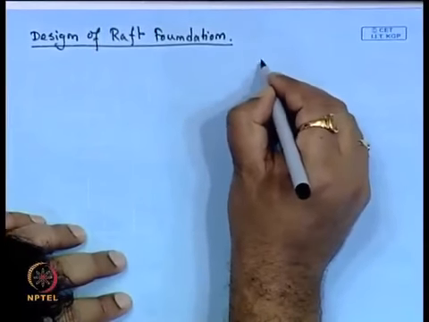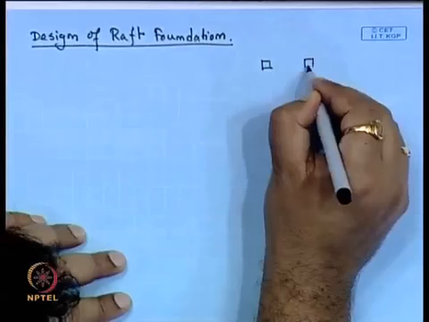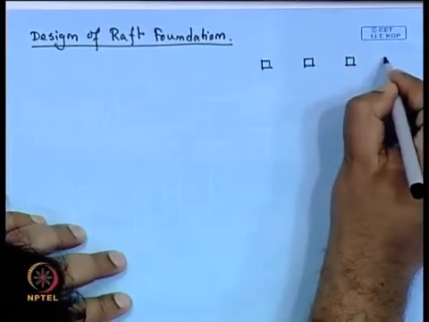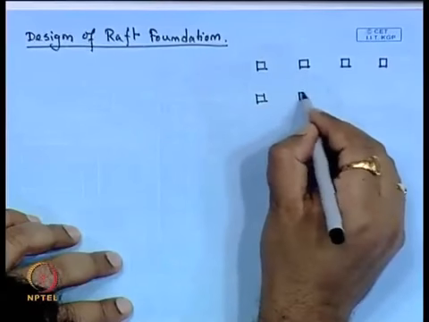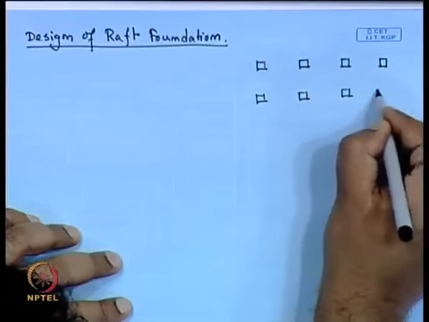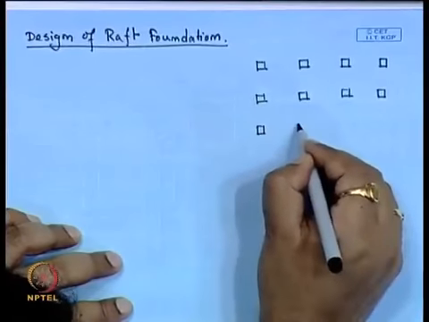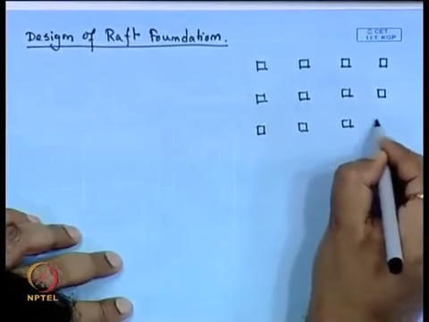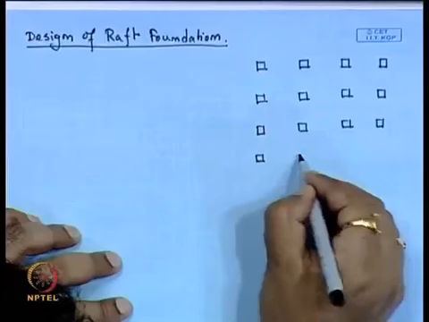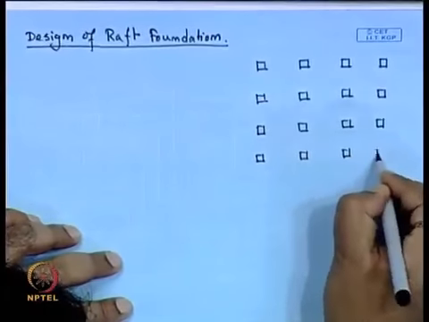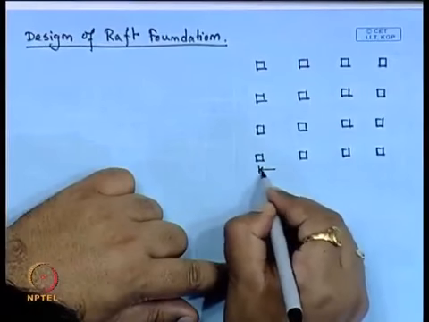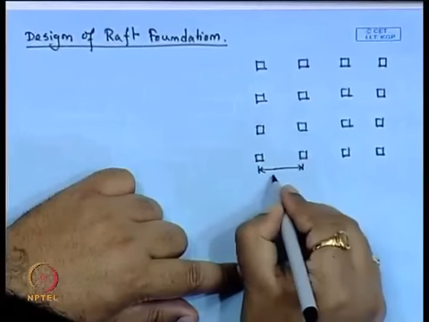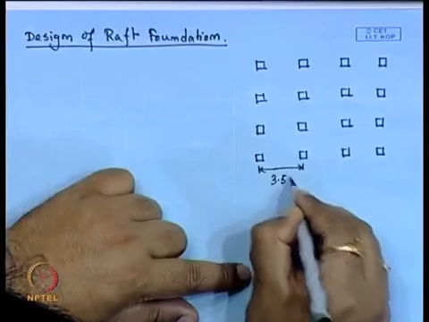So, now here suppose we have one grid pattern like this. This is the footing grid, say. Here the center to center distance between the columns for this grid is 3.5 meter.